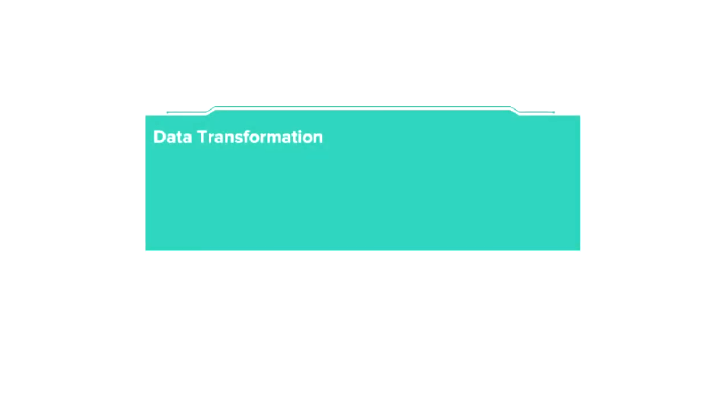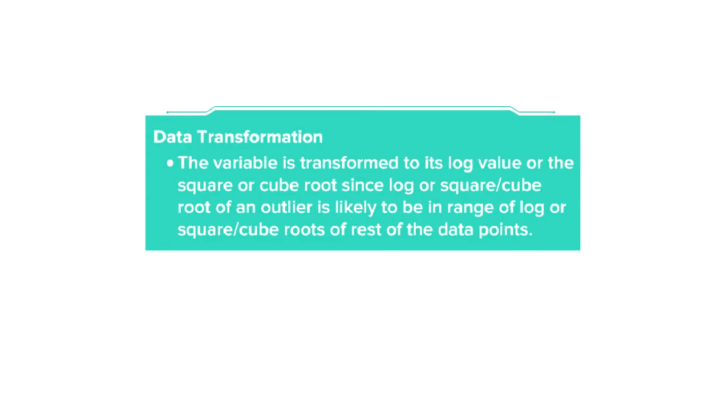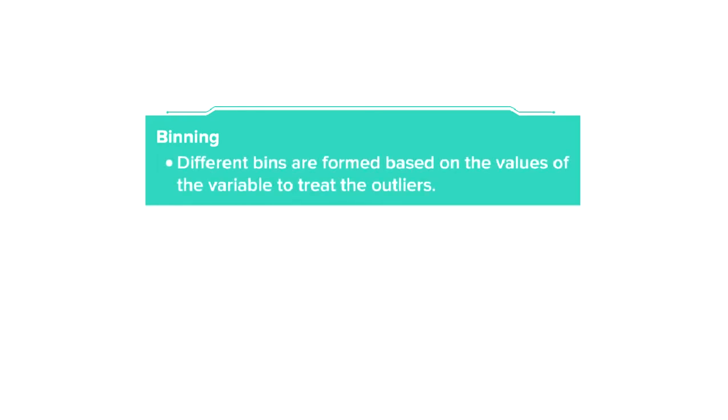In the data transformation method, we transform the variables such as taking the log value of that variable or the square or cube root for that variable, since log or square or cube root of an outlier is likely to be in the range of log or square or cube roots of rest of the data points. In the binning method, we form different bins based on the values of the variable and get the outliers treated.